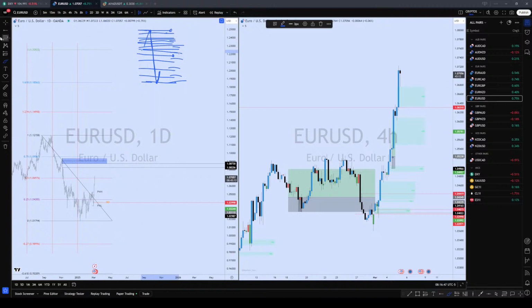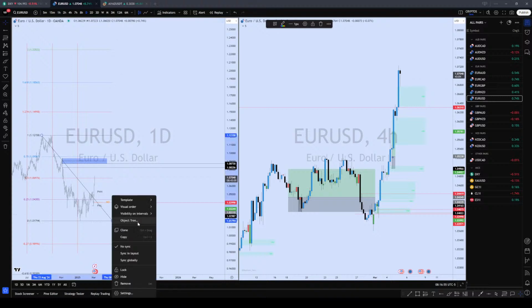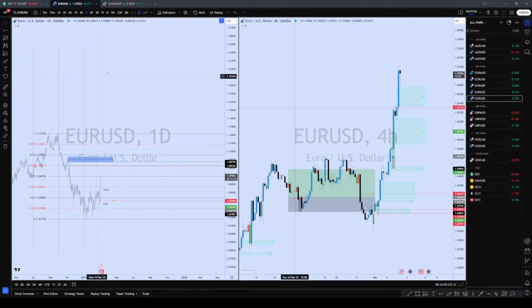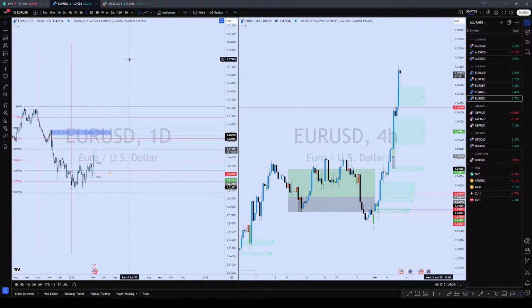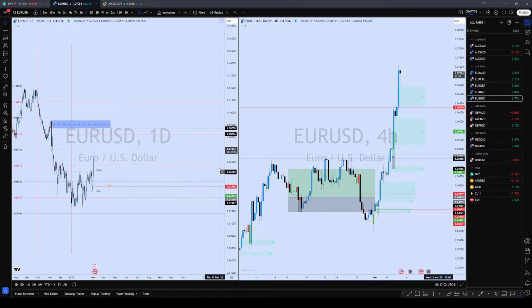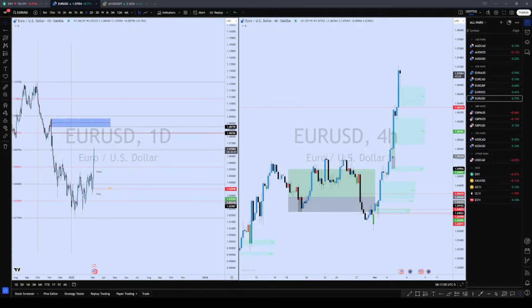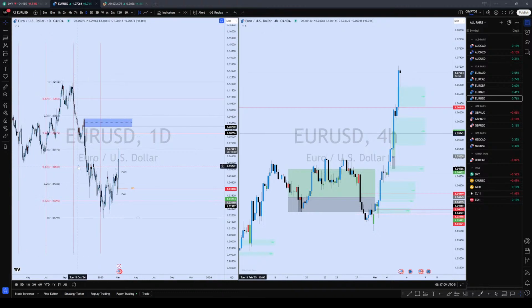But 8 is enough, especially on a high time frame like this. So when you have those 8 quadrants, which I'm gonna change this to, okay, that's the 8 quadrants. With those 8 quadrants, you're gonna be first looking in the first 2.